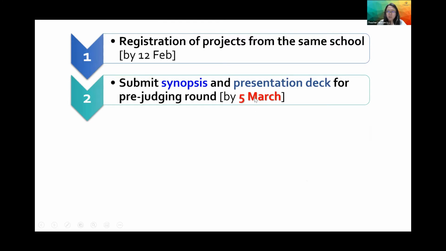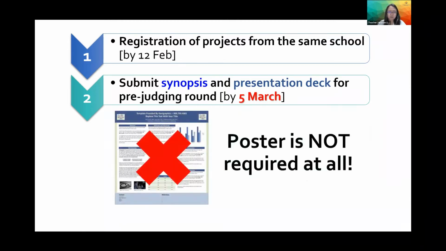By 5th March, we will be expecting your synopsis and your presentation deck for the pre-judging round. Please note that poster is no longer a requirement. So is your report. There's no need to submit a report, but submit a synopsis and a presentation deck.